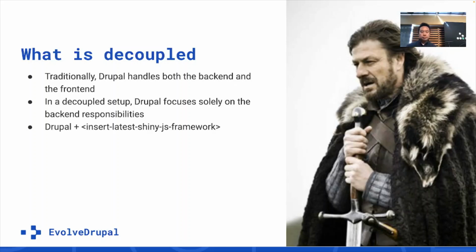In a traditional setup, Drupal handles both frontend and backend. In the decoupled setup, Drupal is responsible mostly for the backend part. It's like a content repository that can serve both the mobile app and the website.